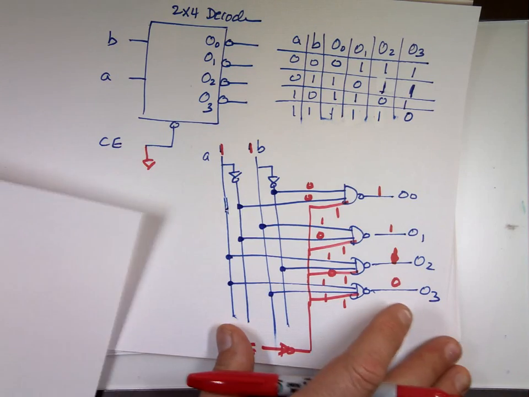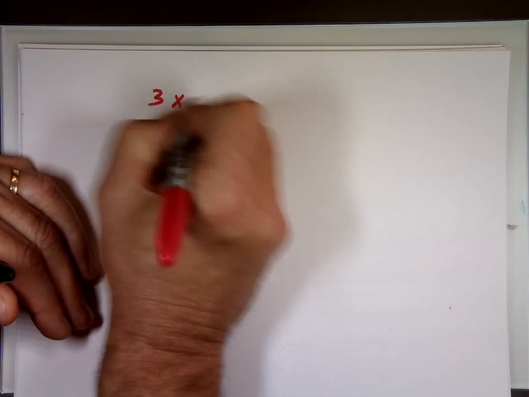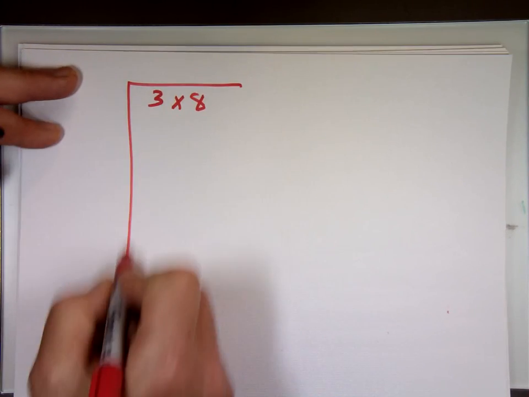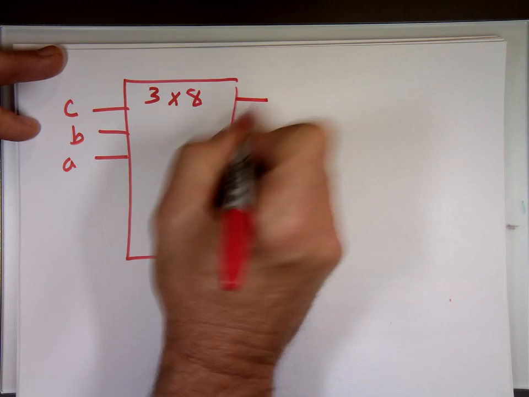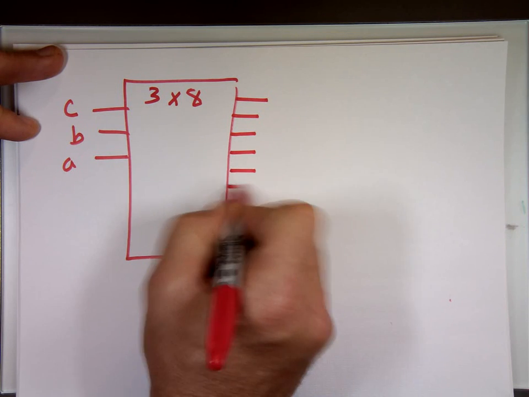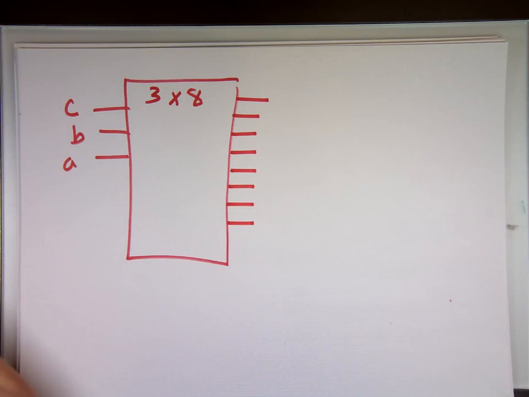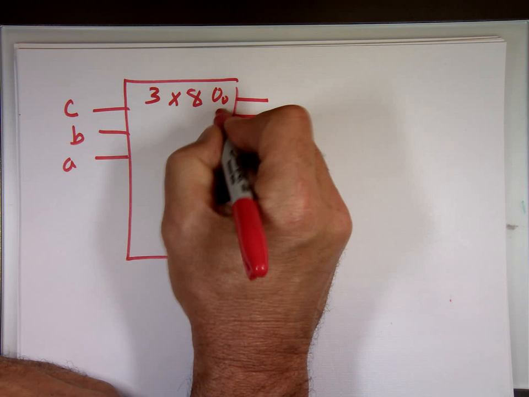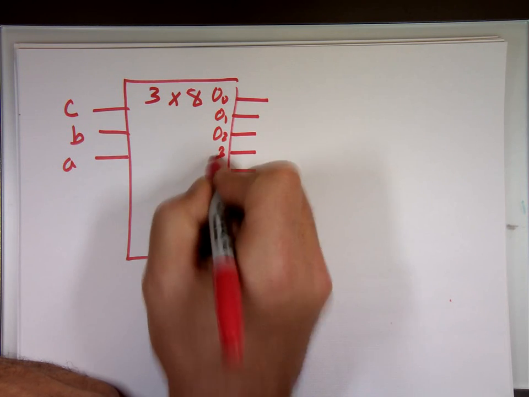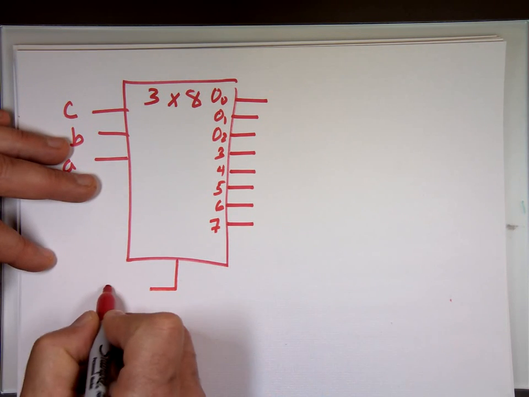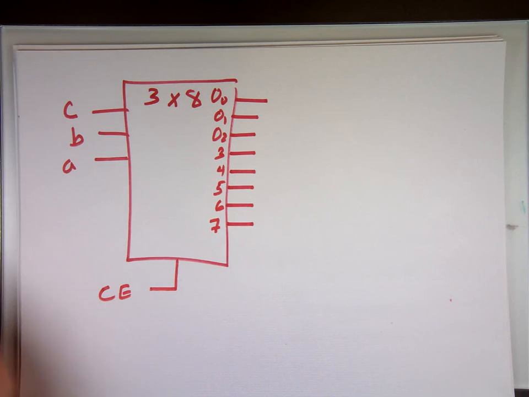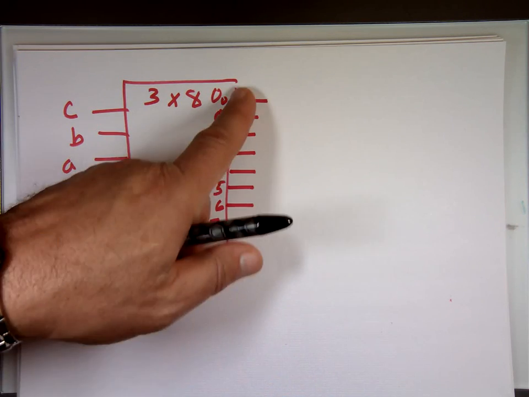Now a 3 by 8 is the same thing. You can have a 3 by 8 decoder, and the same thing. It has 3 inputs. And if I draw it like this, I have 8 outputs: 0, 1, 2, 3, 4, 5, 6, 7. My chip enable here. So the way this one works, at any given time, only one of these will be high if it's working.